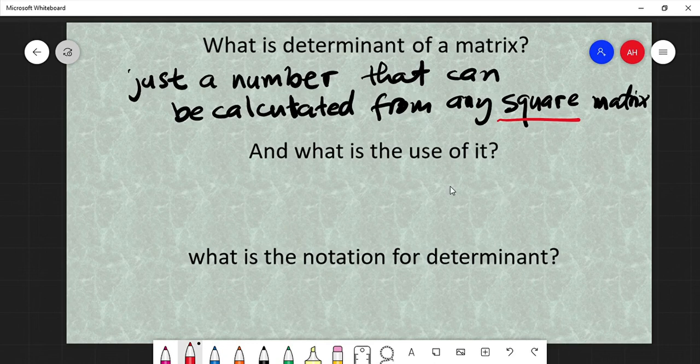Then maybe you want to know what the use of the determinant of a matrix is. There are a couple of uses.